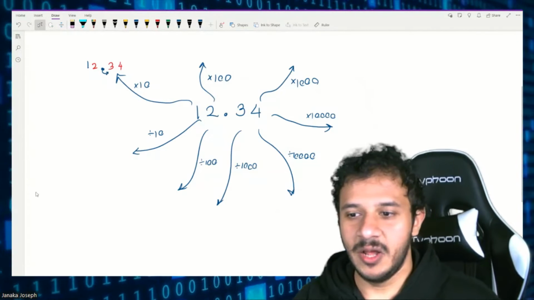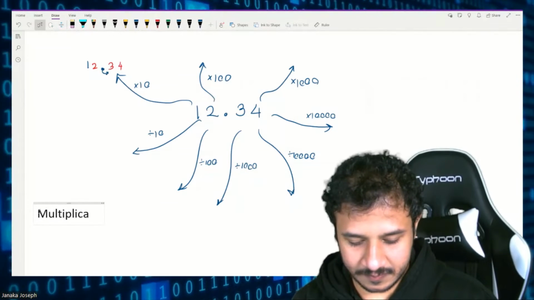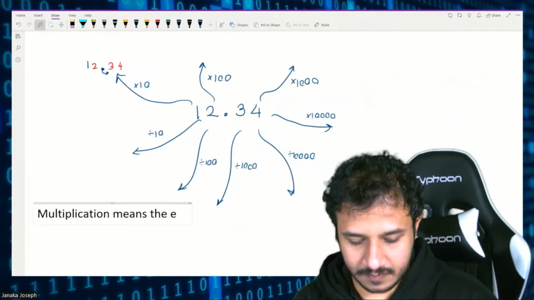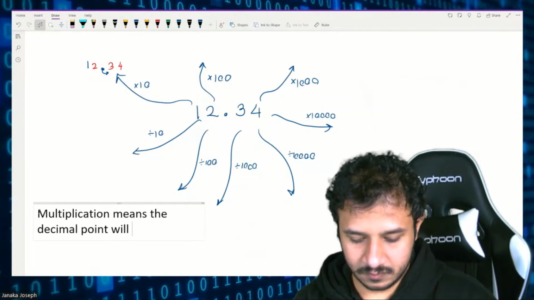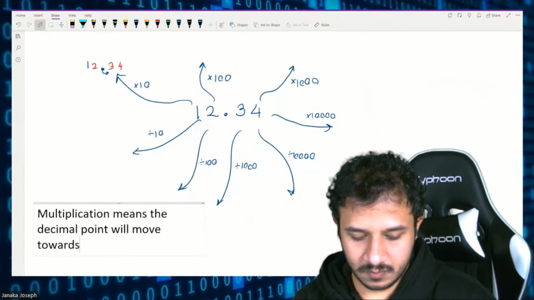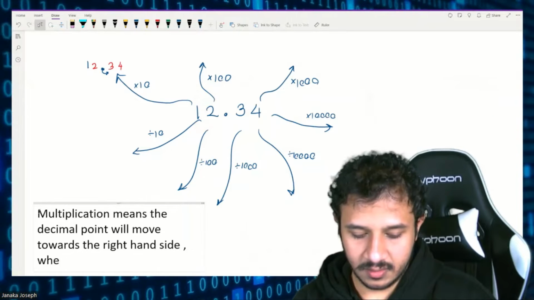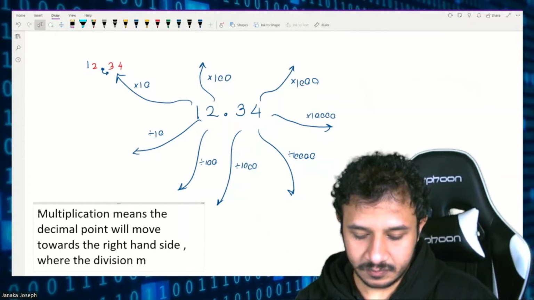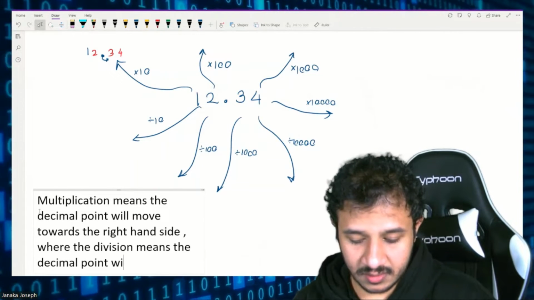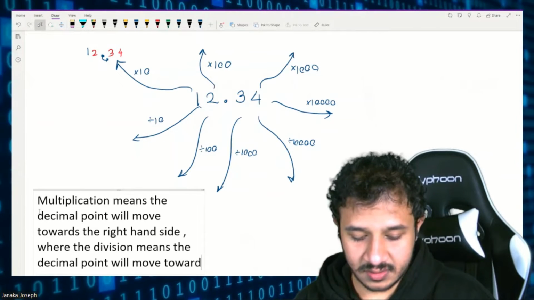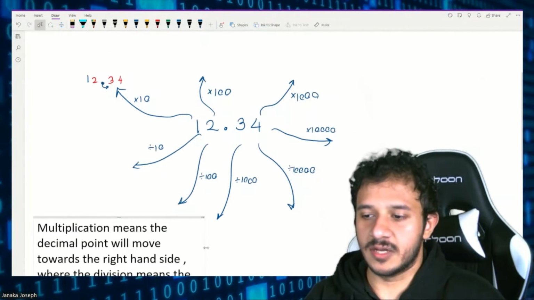If you want, you can write down that multiplication means the decimal point will move towards the right hand side, where division means the decimal point will move towards the left hand side. Yeah, that's how it works.